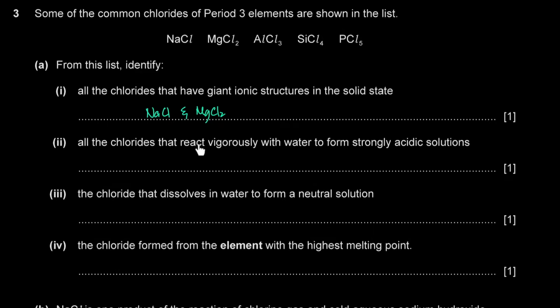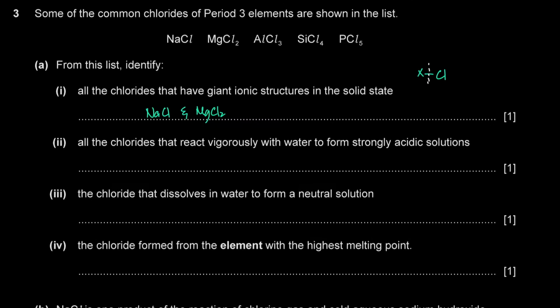All the chlorides that react vigorously with water to form strongly acidic solutions. So all the covalent chlorides, aluminum chloride, silicon tetrachloride, and phosphorus pentachloride, all three of these form strongly acidic solutions. The reason is that they have covalent bonds, and these bonds can be hydrolyzed by water.